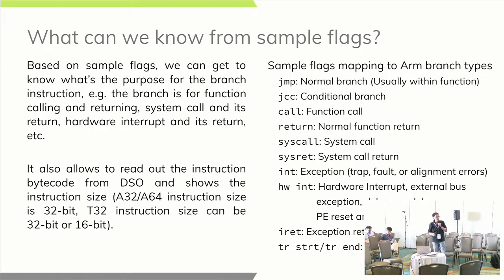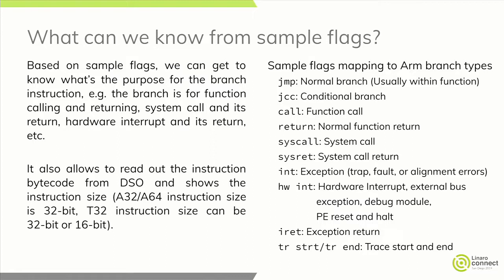On the right side, there are some defined labels in the Perf tool, which indicate the branch types. We can also read out the instruction bytecode and the instruction size. Basically, the size is more related to the x86 platform, because the instruction size may vary a lot.